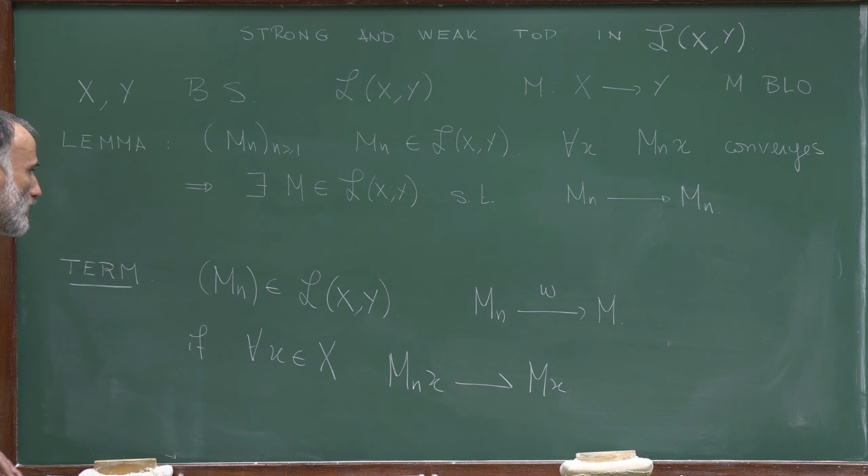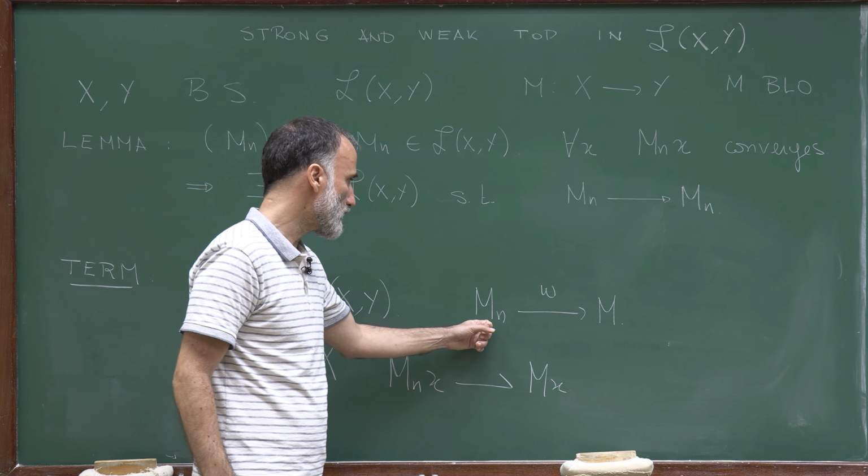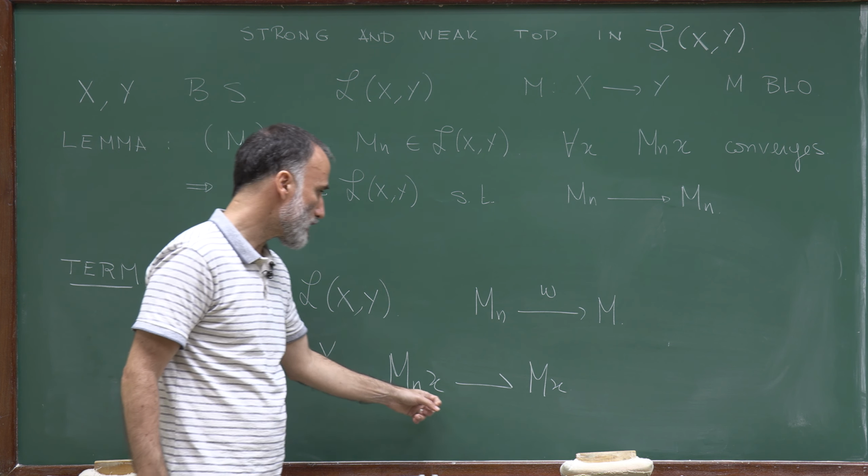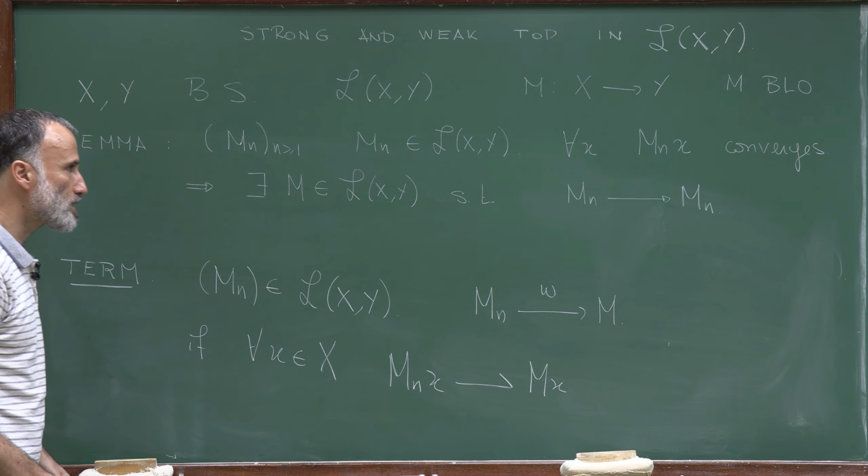So the sequence M_n will be said to converge weakly to M if for all x in X, M_n x converges weakly to Mx.